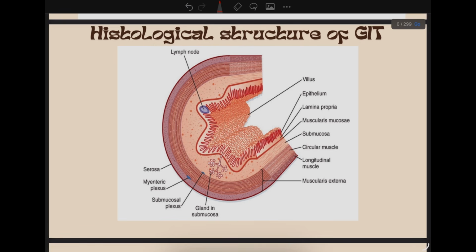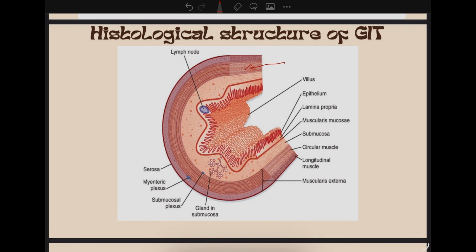Now, the histological structure of the GI tract. I know this doesn't sound like physiology, but we will need it for what's next, so please bear with me. When we are talking about any tubular organ, it has this general structure of mucosa, submucosa, muscularis, and adventitia or serosa. No one cares about this. What's important is that I want you to keep two things in mind. The muscularis layer here is actually not one layer, it's 2 layers of muscle.